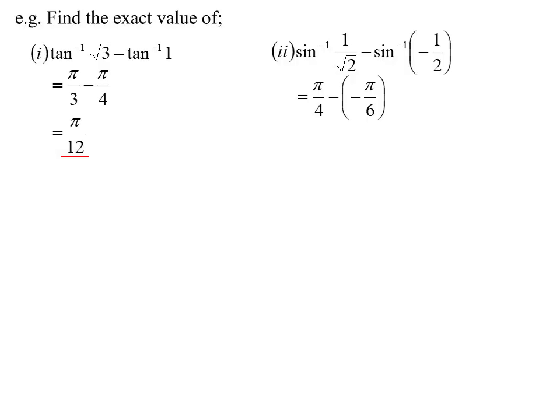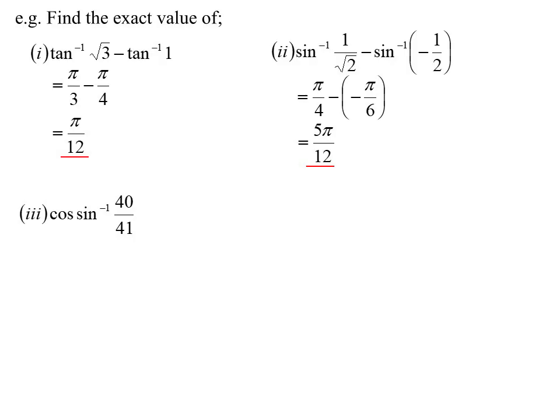So therefore minus a half, I don't give the second quadrant answer, it's minus the acute angle. So minus pi on 6 is the answer to the inverse sine of minus a half, and then when I play around with that one. The other way I could have done it is I could have used that property that the inverse sine of minus a half would be the same as minus the inverse sine of a half, and you'd still get the same answer.